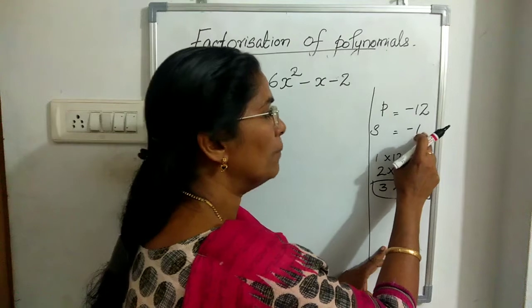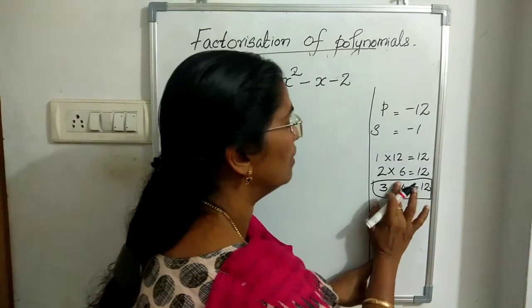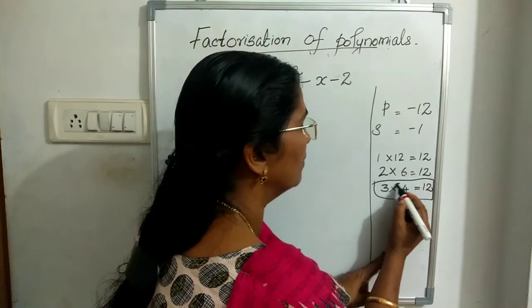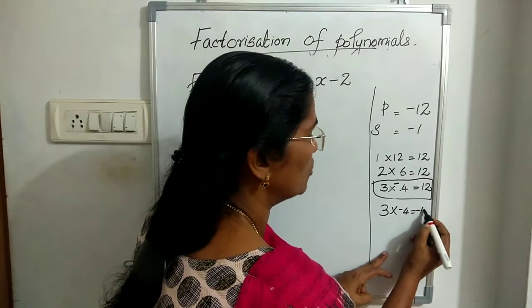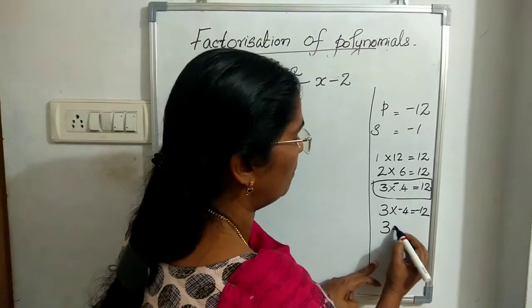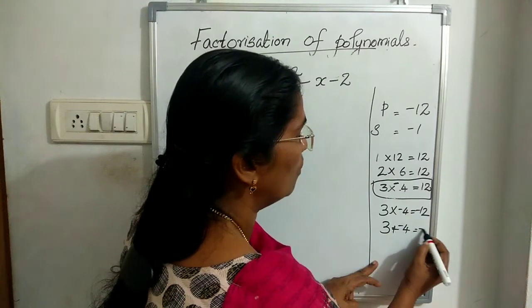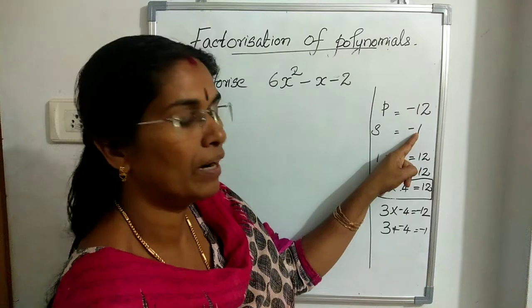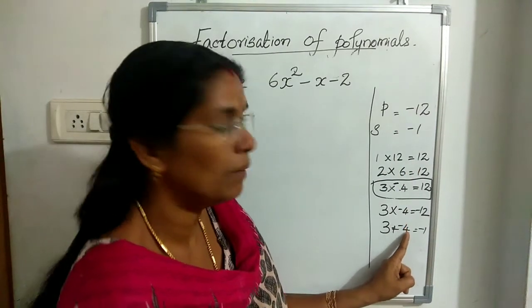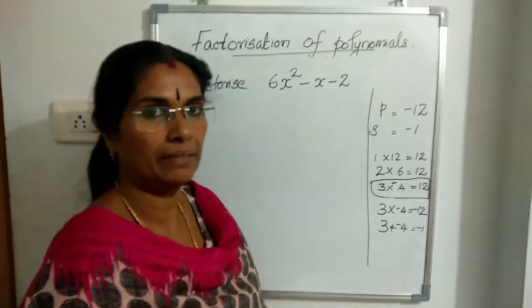So here sum is negative, which means the big number is negative. 3 into minus 4 is minus 12, and 3 plus minus 4 is equal to minus 1. Clear? If it were positive 1, then 4 becomes positive and 3 becomes negative.